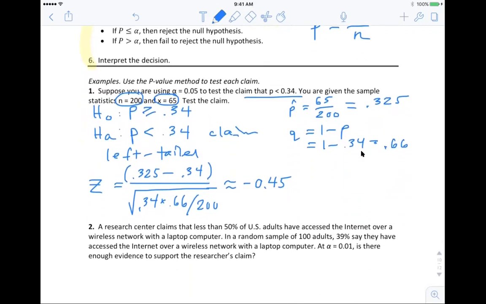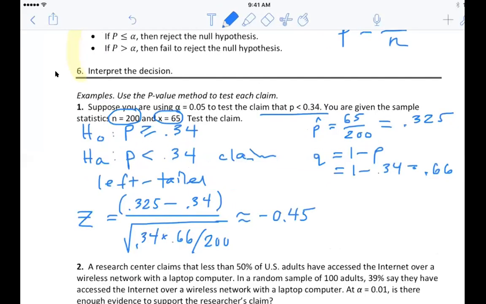It's a left-tailed test, so you just have to look up that value directly in your table. So I'll look it up on mine here, and I can just share that with you real quick, just to review that.